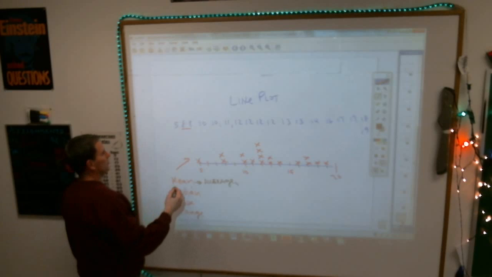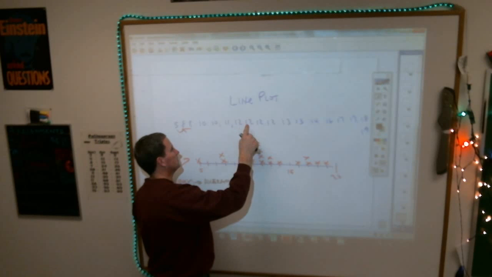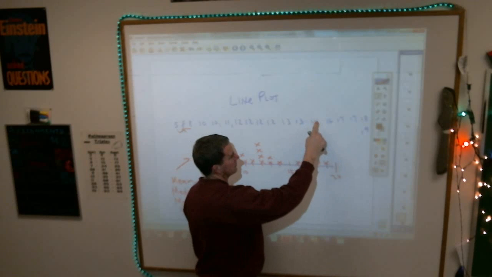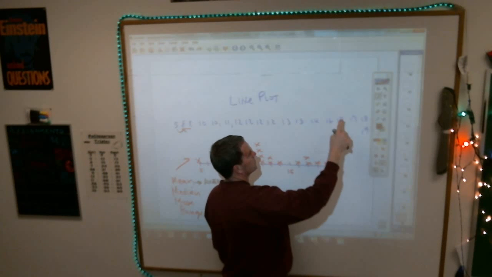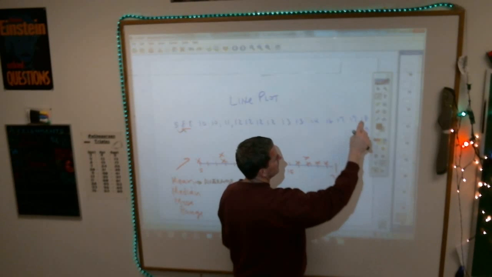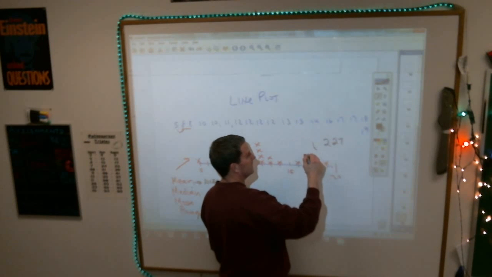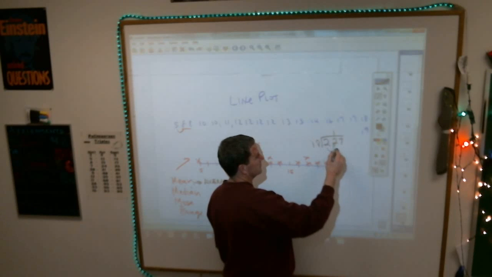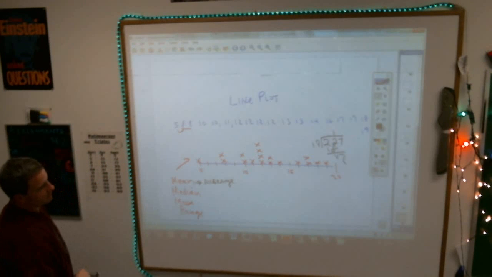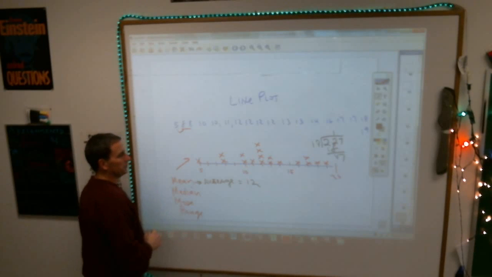Let's see if we can do this math real fast here. 5 plus 8, 13, 21, 31, 41, 52, 64, 76, 88, oh look, works out nice, there's 100. 126, 140, 156, ooh, 156 and 34, 190, 208, 227 divided by, what did I say, 18? Take my word for it, it's something like that. I don't think it works out evenly. Looks like it ends up being close to 12. Let's just say 12 for now, because I don't want to spend forever on average.